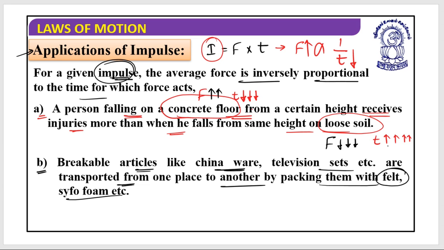Because it is something like this: a cushioning effect has been created, and our object is placed here, so these two boxes can create a cushioning effect for it, and this will save the article. Because it will not allow a larger amount of force to act on the article. Is it clear?